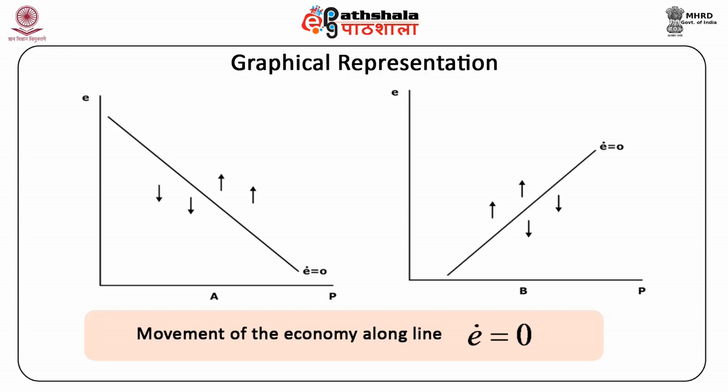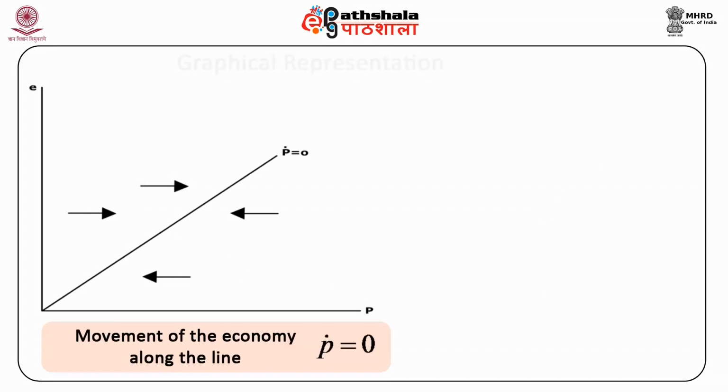Thus, at any point above the e dot is equal to 0 line, the economy will move up. Similarly, if the economy is at any point below the e dot is equal to 0 line, it will move downwards. The arrows in the diagram show the motion of the economy. The analysis will remain the same whether one considers an upward sloping or downward sloping e dot is equal to 0 line.